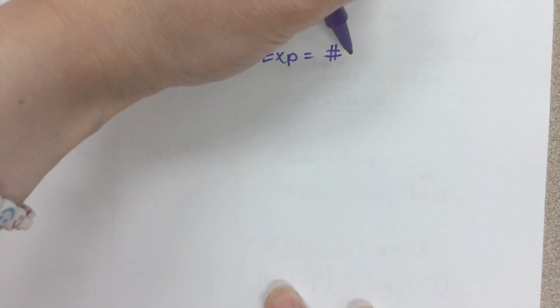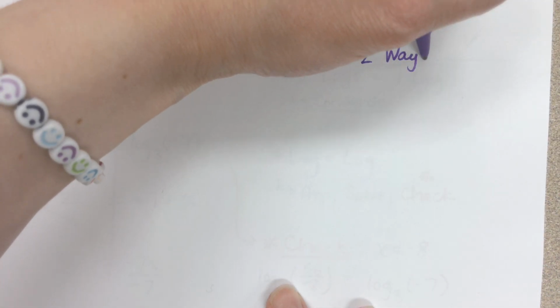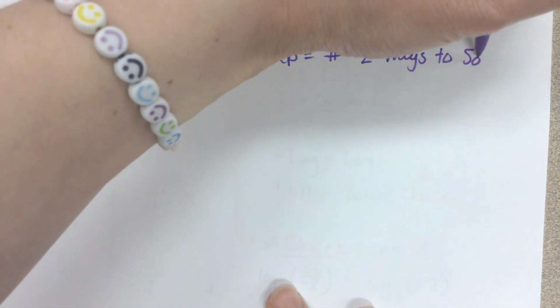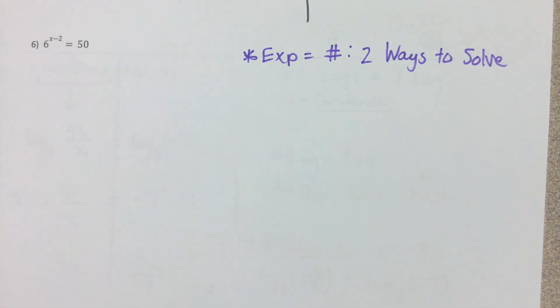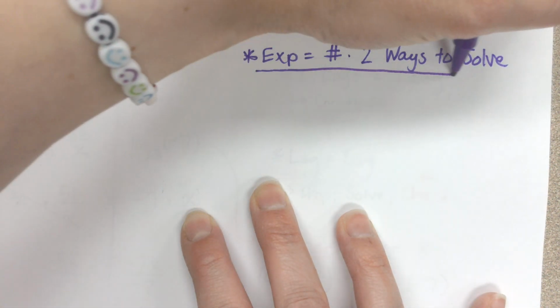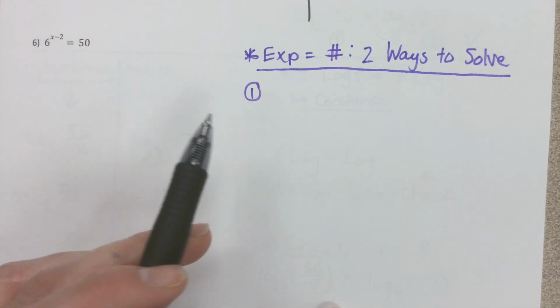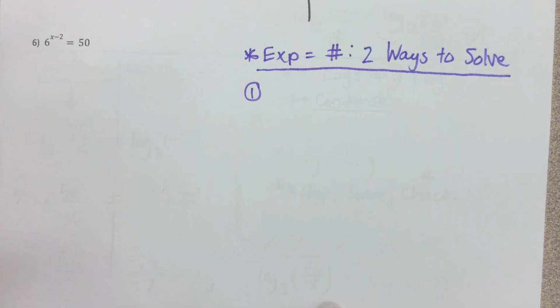That's what we're working with right now. When you have exponential equals number, there are two ways to solve. And by the way, we've already done problems like that. That should look semi-familiar, but the approach is going to have to be different. So when we worked on this before, the approach was to get the same base.